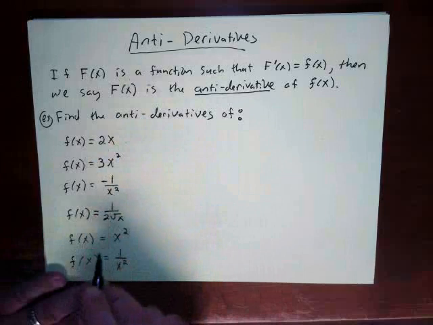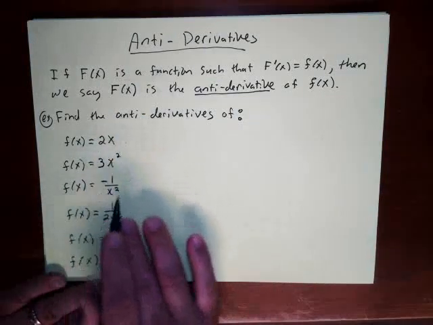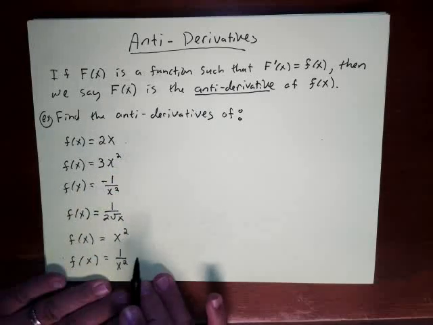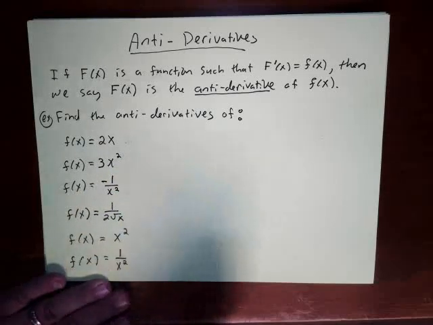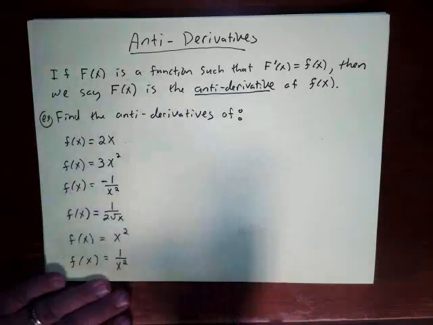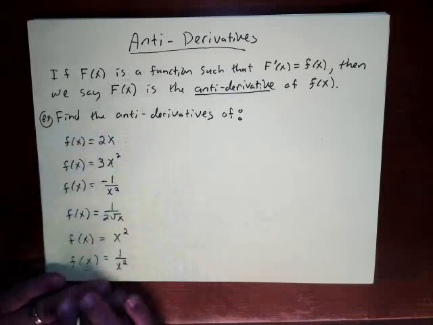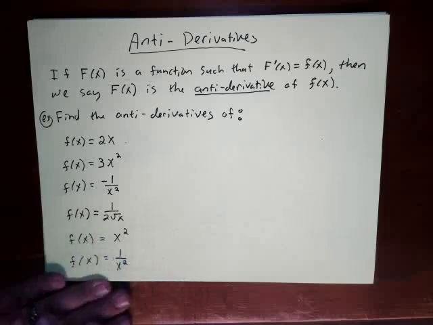You might want to pause the video and try these and see if you can find the antiderivatives. That might be good practice to get you thinking about it. Then you can resume the video, and we'll go ahead and find these antiderivatives.